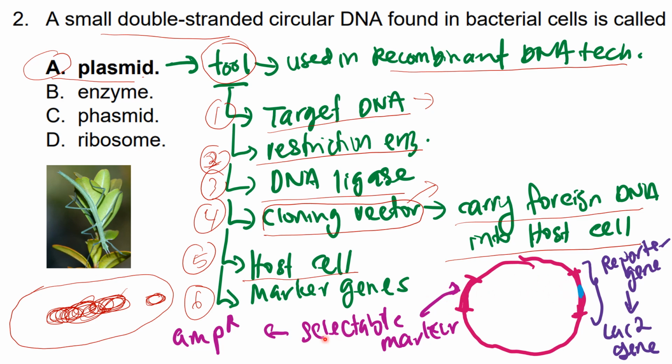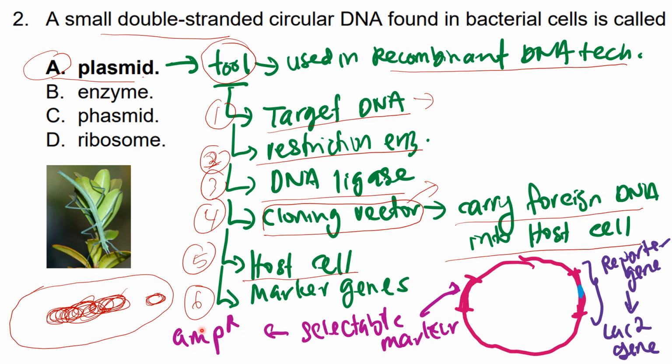One of the genes is the selectable marker. One example of a selectable marker is the ampicillin resistant gene, which is found in the plasmid of E. coli. The function of this ampicillin resistant gene is to allow the bacteria to survive when you grow them in a medium that contains antibiotic.